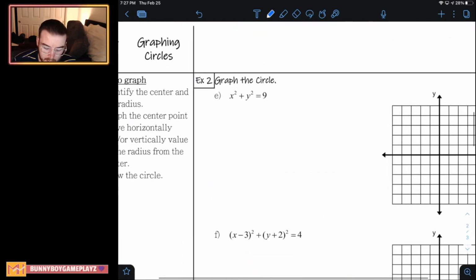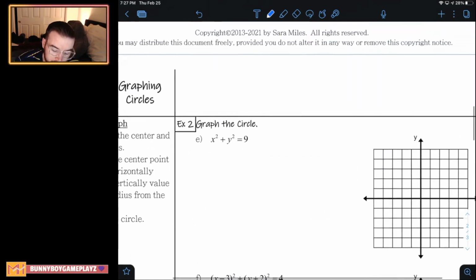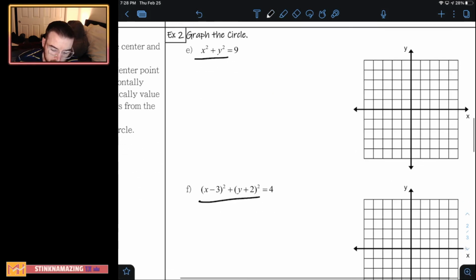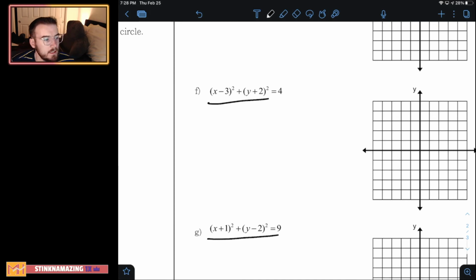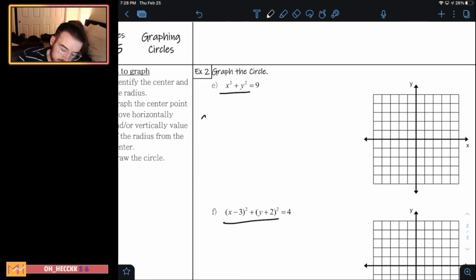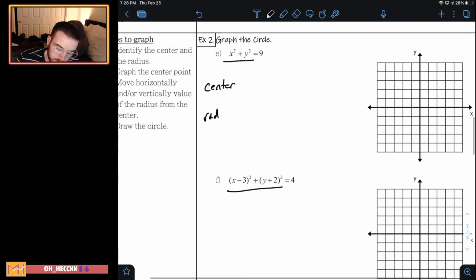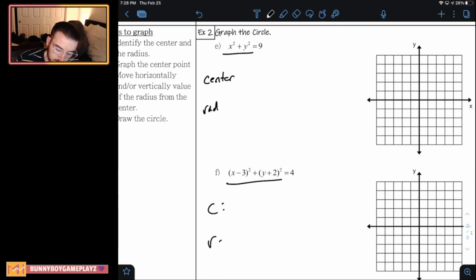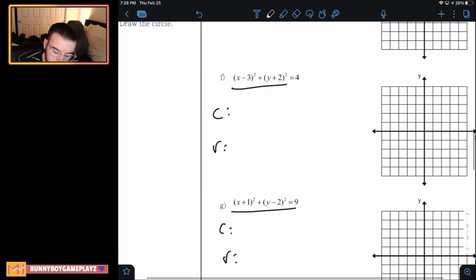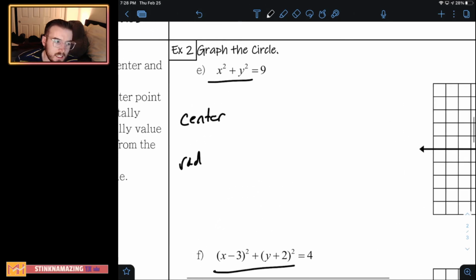Okay? And now we are given a couple of equations, and all we have to do is graph them. So let's state what the center is and the radius is for each of these before I graph, because you should be able to read it and almost instantly know what the values are.